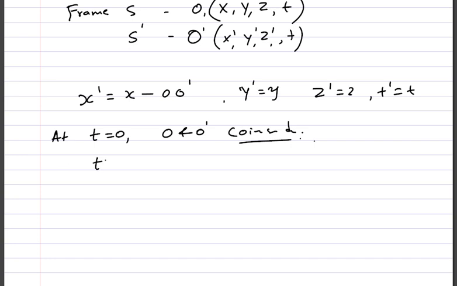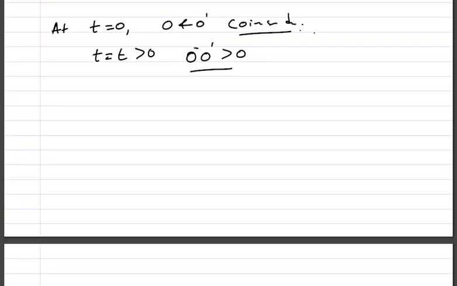At some t greater than 0, o dash is greater than 0. It has moved some distance, so they are separated by a distance o dash, and o dash is given by the distance moved in time t.